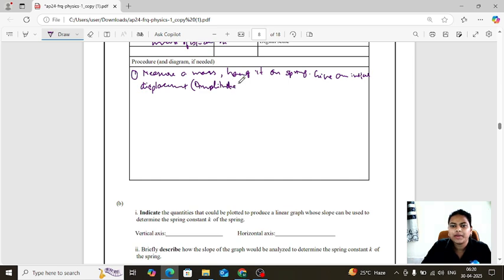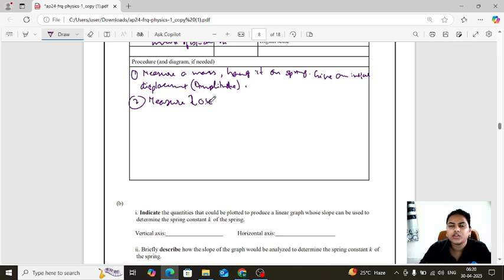At this moment, measure the time for two oscillations. Why are we not selecting the time for one oscillation? Because that would be very quick, so the chances of error would increase.